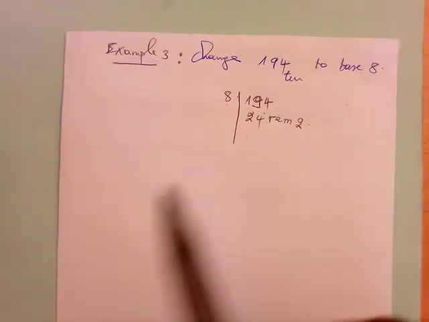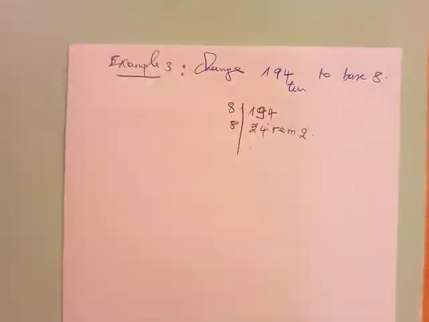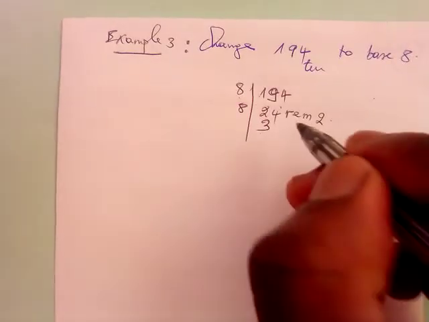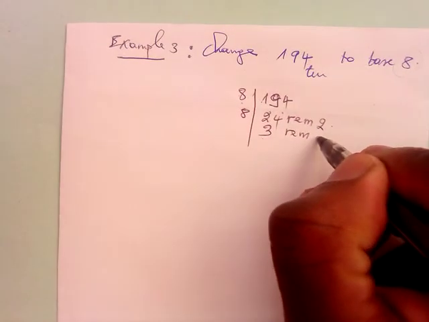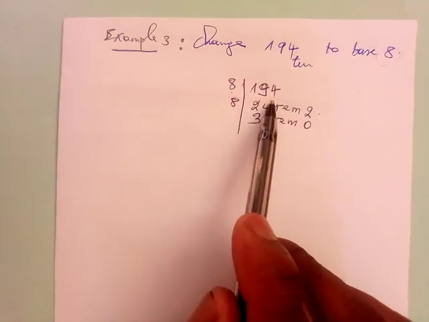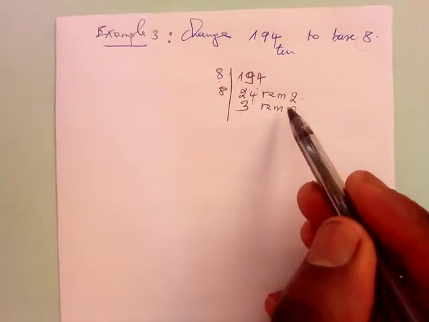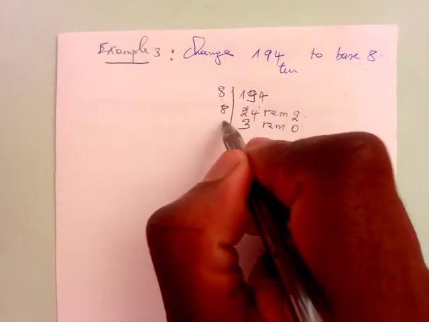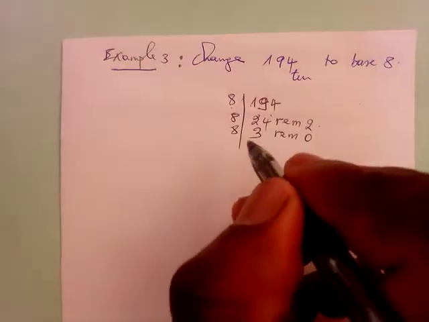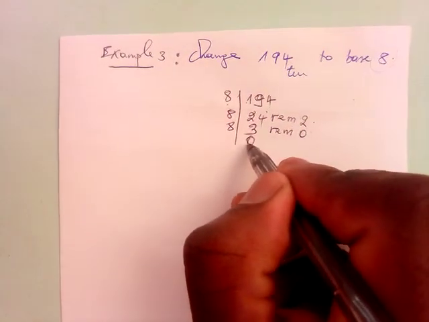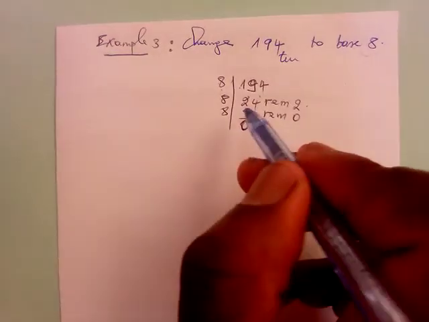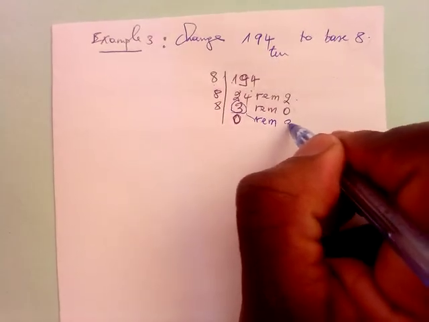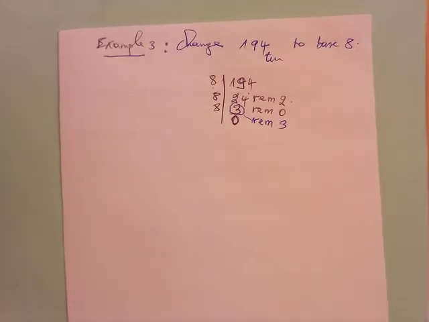Now 24 divided by 8, we will have 3, with a remainder of 0, because 3 times 8 is equal to 24. 3 divided by 8, we will have 0, and then our 3 becomes a remainder.